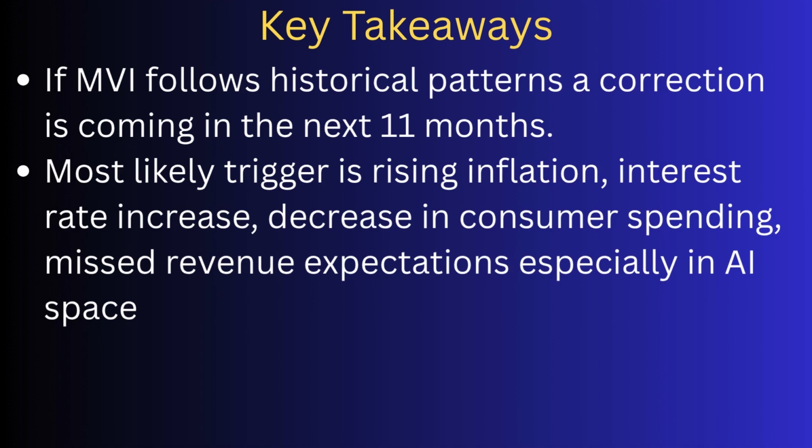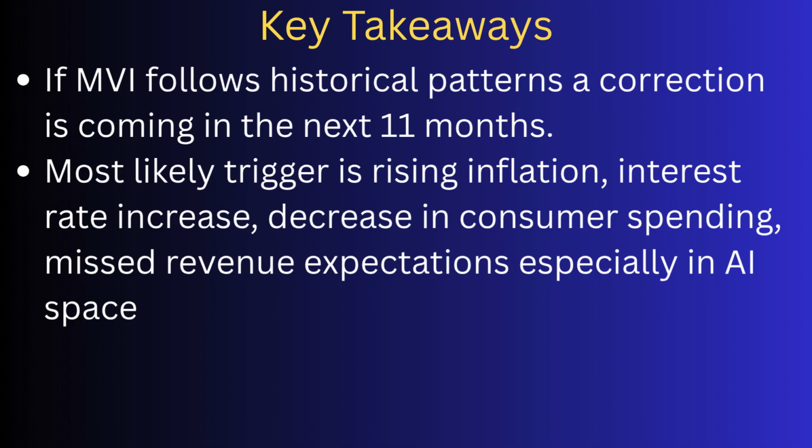That's about how long we saw the value stay over 80 on the .com and then the post-COVID peaks. So if we're consistent with that, we're going to see a correction soon. The most likely trigger is rising inflation, which would then be followed by an interest rate increase. And then we'd also be keeping an eye on consumer spending, because that would likely be impacted.